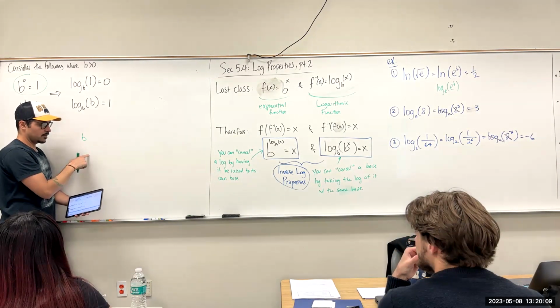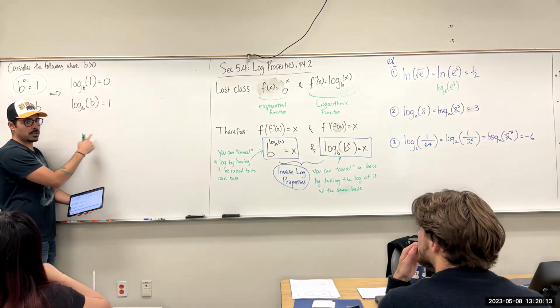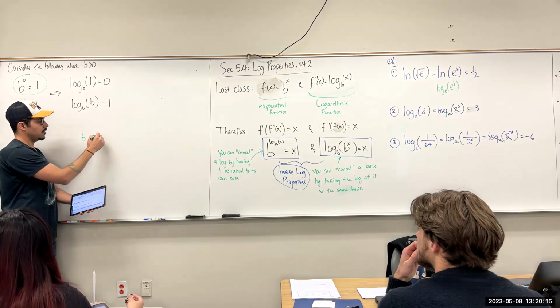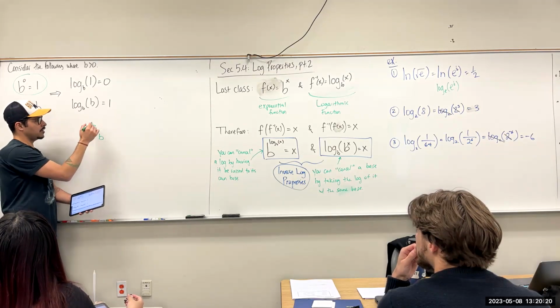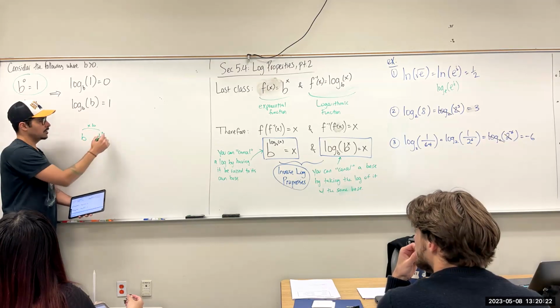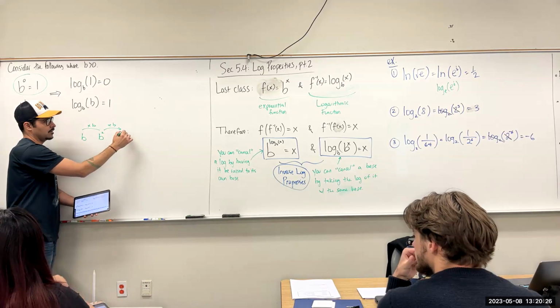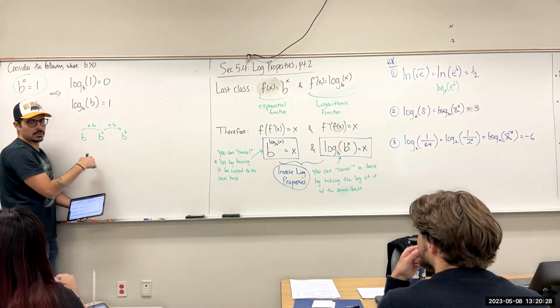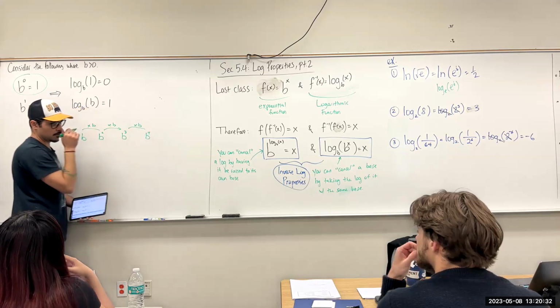I got a B, and I'm going to multiply it by another B. If I multiply it by another B, I get another B, and if I multiply this by another B, and continue that like that, cool?